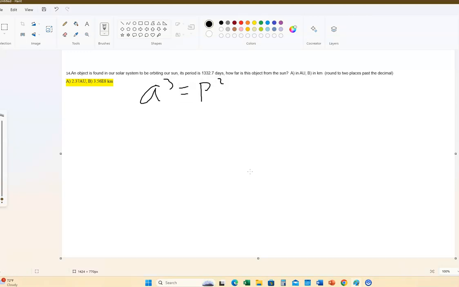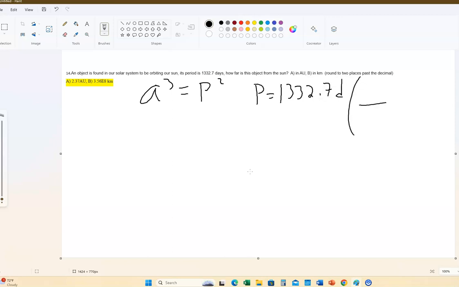Now they gave us the period right here. The period is in days, so we're going to convert that. This is kind of the opposite of number 13, well, not exactly opposite. It takes 1,332.7 days to go once around the sun. How many years is that?